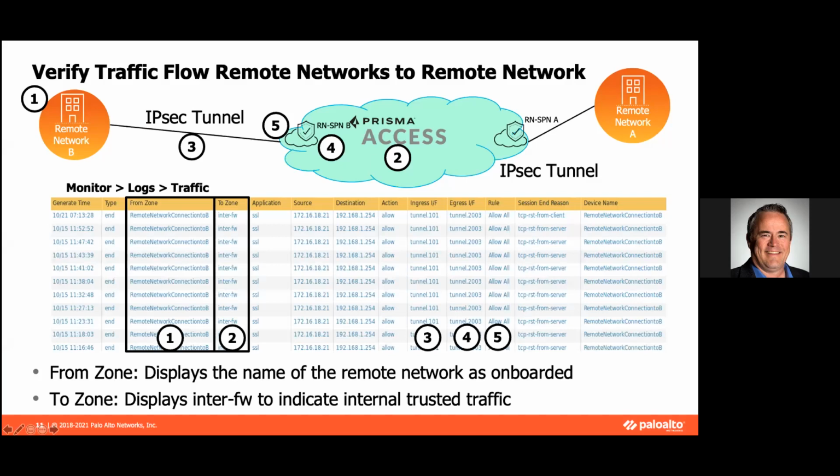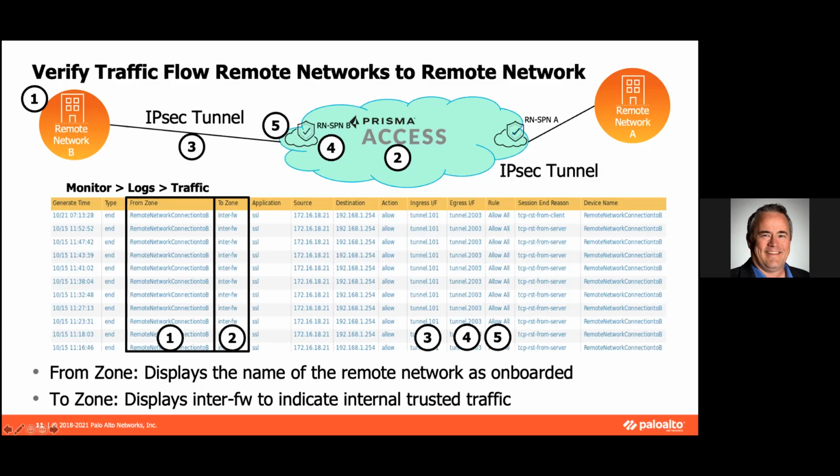This is an example of traffic logs. And when you're using Prisma Access, there's a couple things that are a bit different and unique when it comes to viewing the traffic logs.